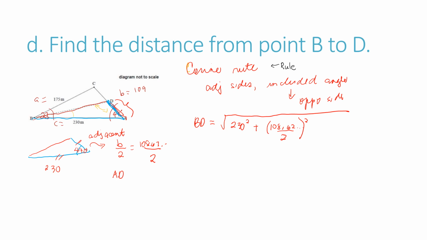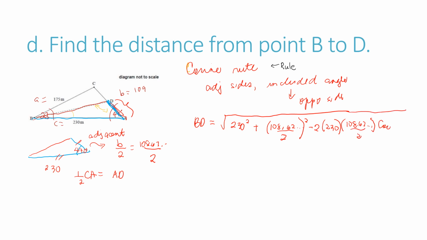You square it, minus 2 times the adjacent sides, 230, and half of it. AD is half of AC or CA. So we go to AD, which is 108.62, already stored, over 2. And let's continue.